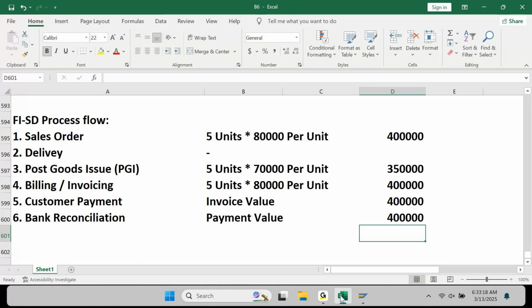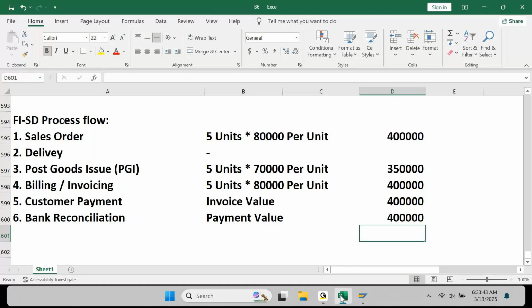Where is my profit getting accounted here? They'll put questions like this. After you explain the full flow of FI-SD integration, you will be asked, can you tell me where profit is getting accounted in this sale? People will give different answers, which is incorrect, because nowhere is profit getting accounted directly.